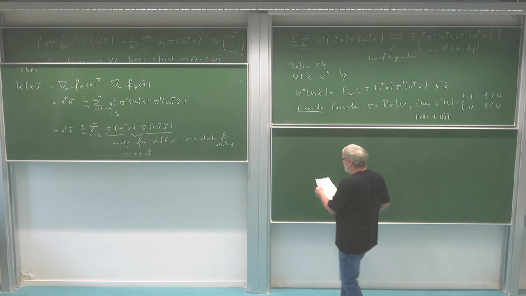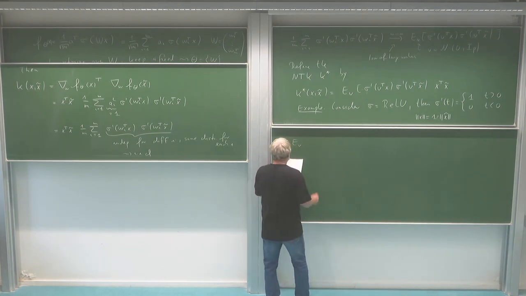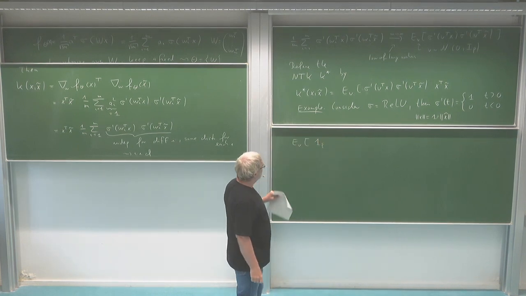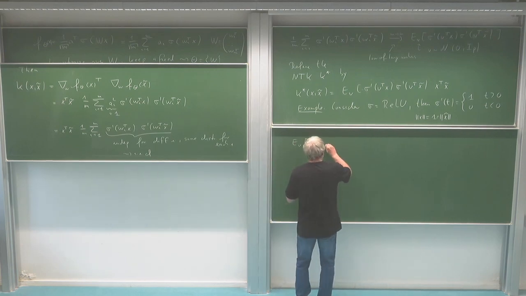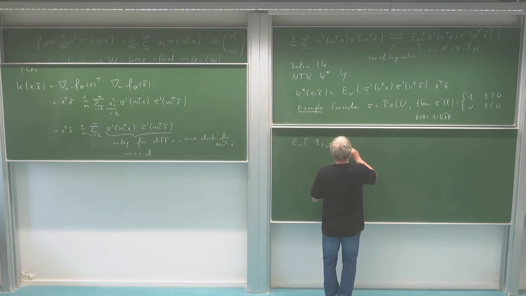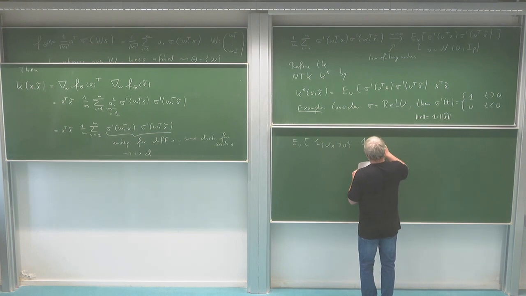So what I have to calculate is the expectation over my random vector v of the characteristic function: in the first sigma prime, my vector v multiplied with the vector x is bigger than 0, times the same quantity where I multiply v with x twiddle is bigger than 0.